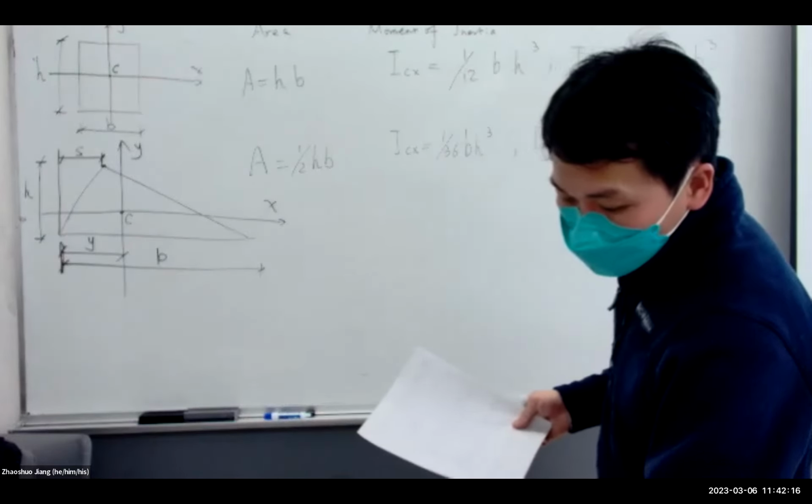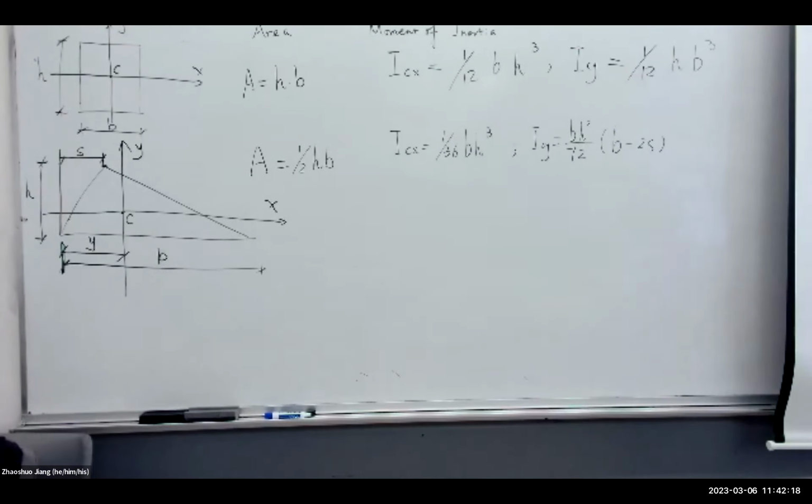Those are for the triangular sections. And we also have the circle ones. Guess what? I'm going to upload this equation, this equation for the different sections to Canvas so that you don't need to copy it down.